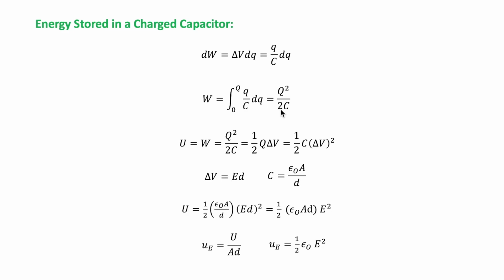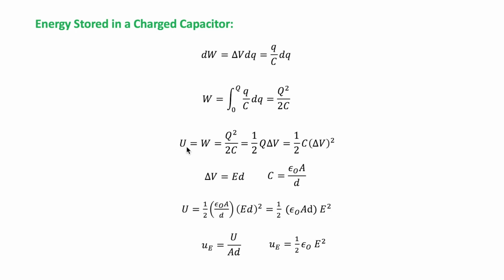Okay. So suppose we take the reference point U equal to 0 of the potential energy to be the potential of an uncharged capacitor. So when the capacitor is uncharged, we take Q equal to 0.